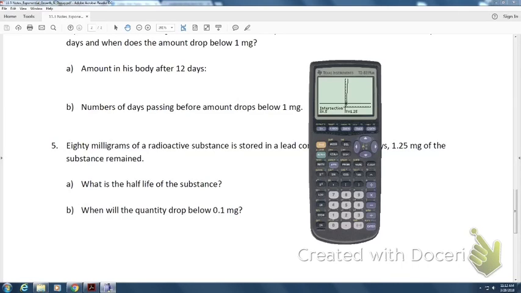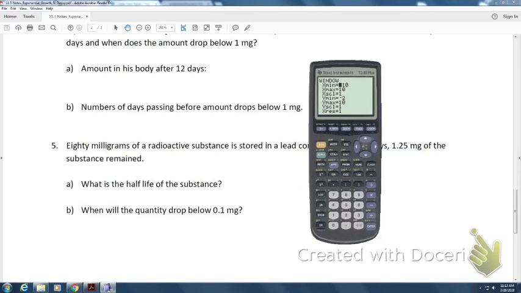So in y equals, I'll start over from the beginning here. In y1, I'm going to have 80 times 0.5 to the power of 3 divided by x. Your exponent may look a little different. I can't do the little fraction thing on this one. Y2 is going to be 1.25.